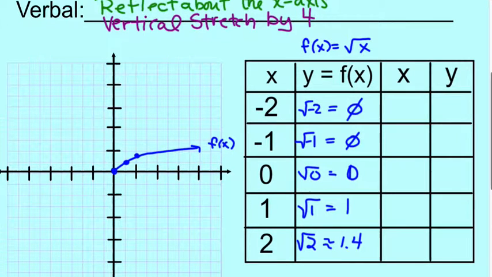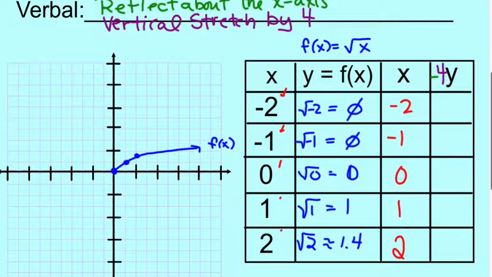Again, I squished that too much here for you. So negative, and then 4. All right. So we did not change any of the x values. So all of my x values are going to stay as they are: negative 2, negative 1, 0, 1, and 2. Nothing has changed.